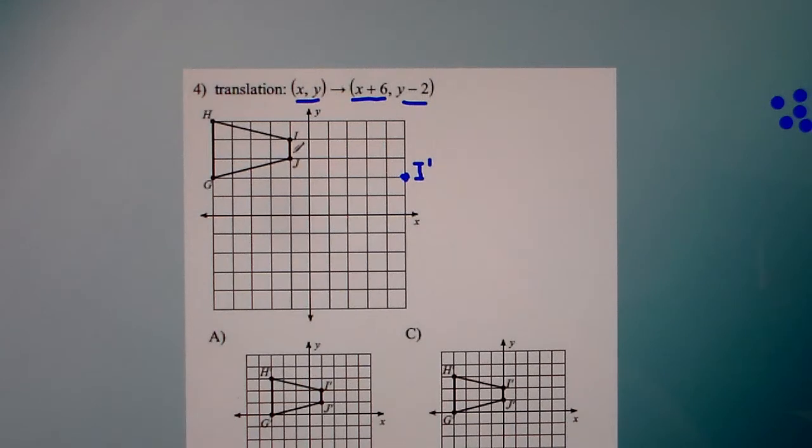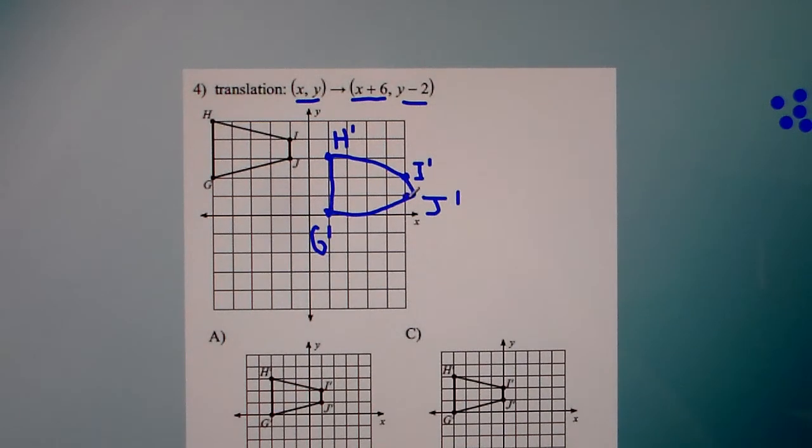J is right underneath I, so if we do 6 to the right, 2 down, our J prime will be right there. H, we move that one 6 to the right, 2 down, so that's the location of H prime. G, we go 6 to the right, and 2 down. There's our G prime. And that's what our answer looks like.